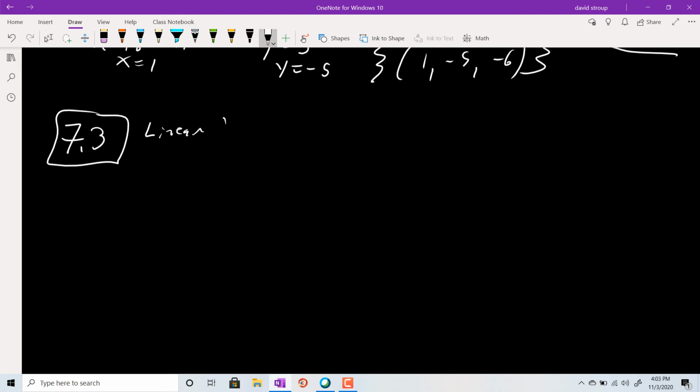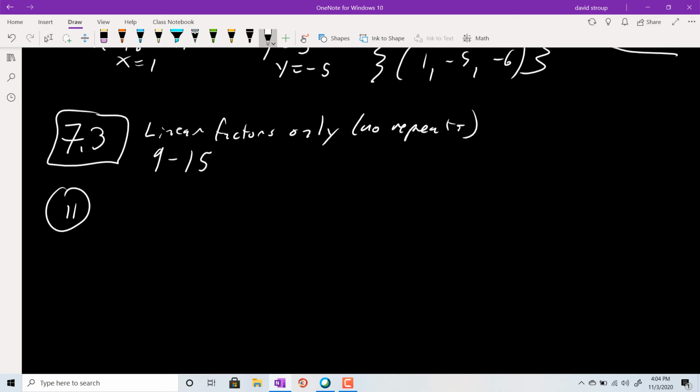Okay, so linear factors, only, not even repeated. So no repeats. And so we're looking at problems like 9 to 15-ish. Okay, so let's look at 1 or 2 of those. For example, number 11, we have 3x plus 50 all over x minus 9 times x plus 2.